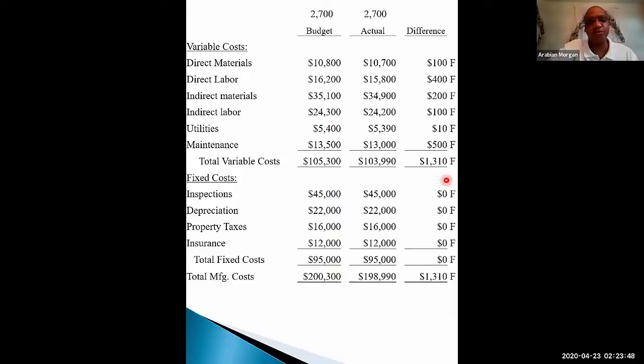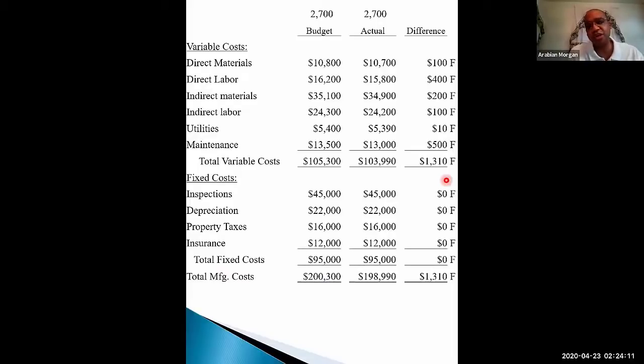But now that we see that we're comparing his actual results to a similar activity level of a budget, all of his variable cost results are favorable, as well as the fixed cost results. They're still favorable. So he's probably going to be congratulated here.